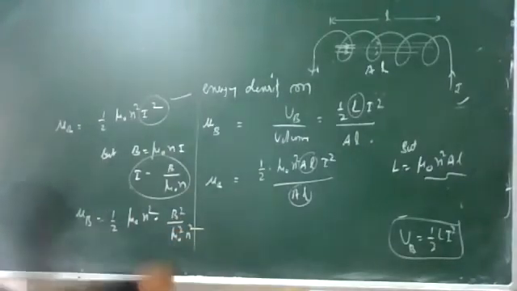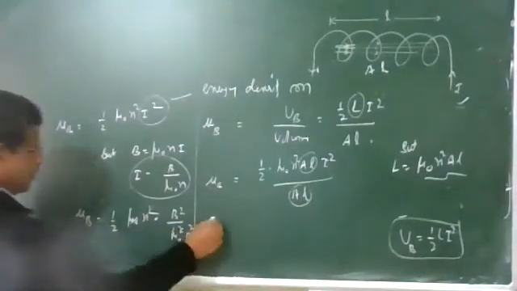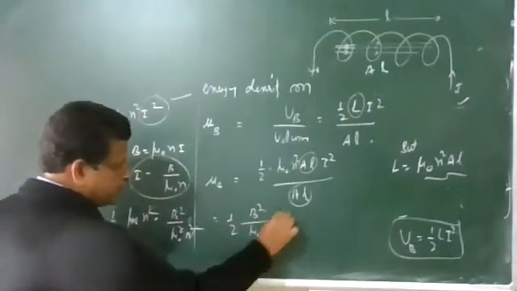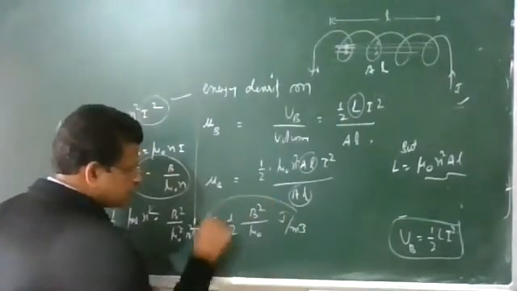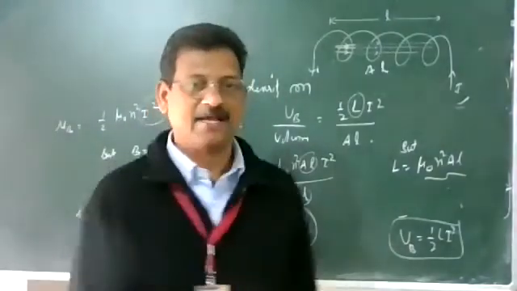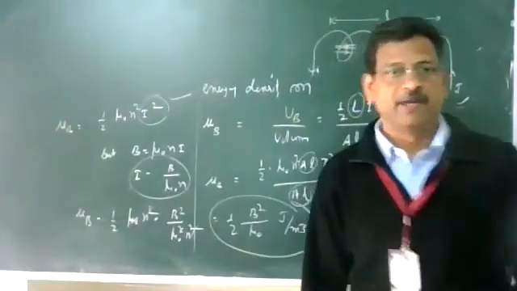You can see that N square cancels, one mu naught cancels. The value will be equal to half B square divided by mu naught, in joule per meter cube. This is the energy density of a coil, the magnetic energy density: B square divided by 2 mu naught.